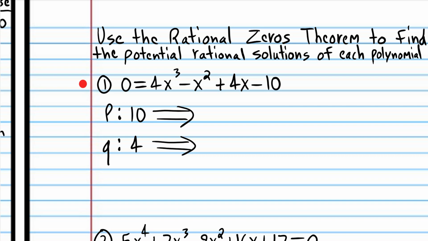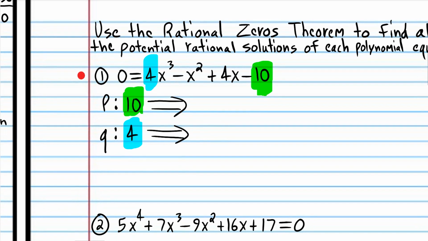So just to be clear, I got this number from here, and I got this number from there. It's always going to be the coefficient of the first term and the last number that we're going to work with.